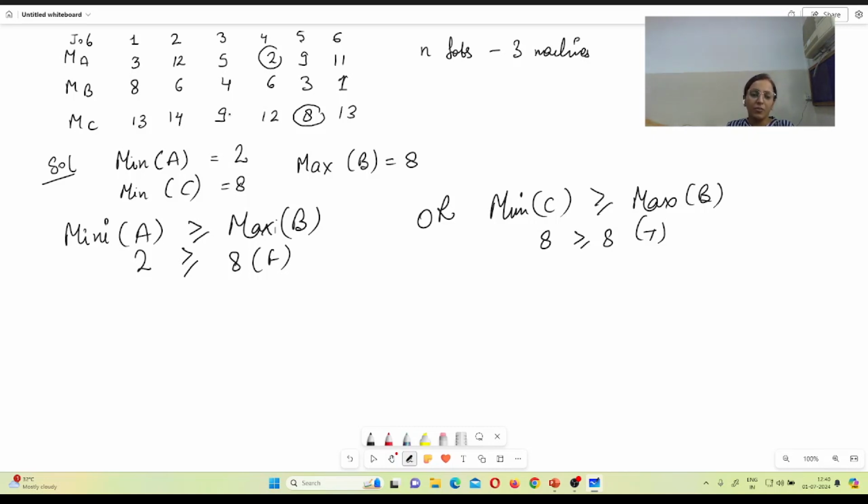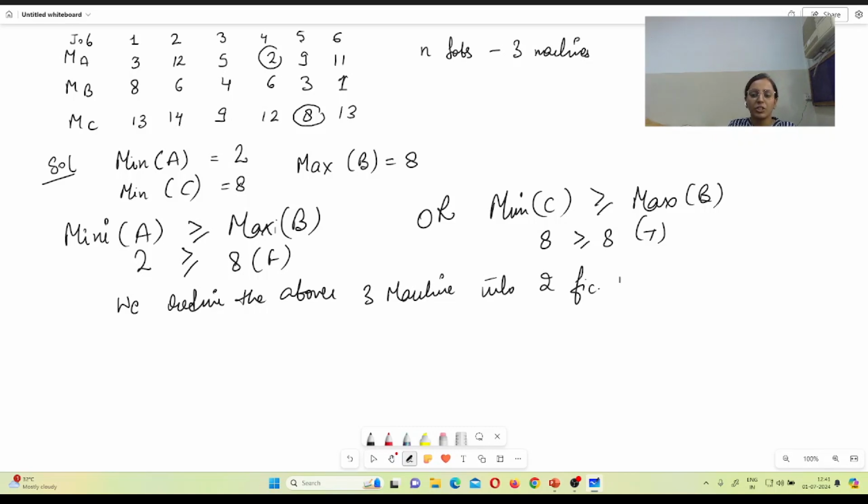That means we redefine the above three machines into two fictitious machines.